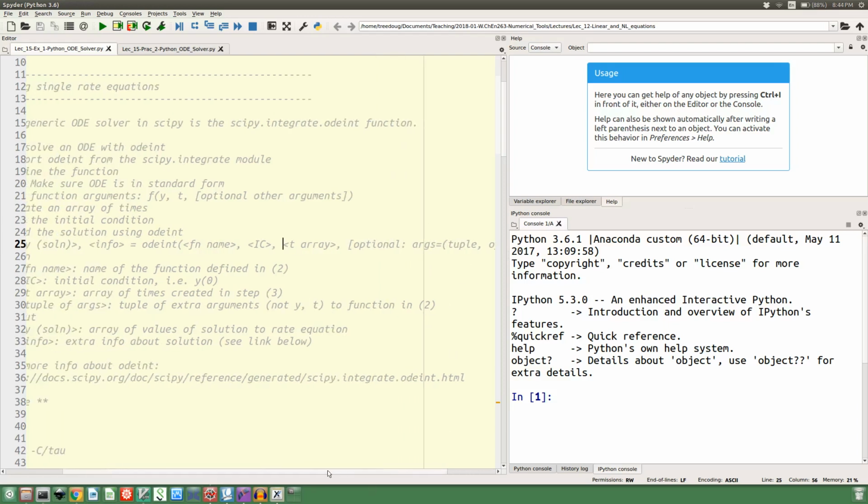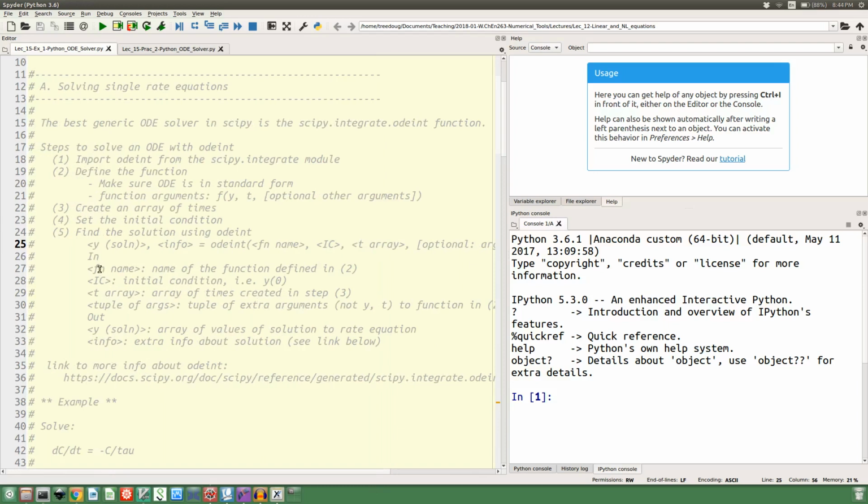And then ODEint returns the solution and also returns extra information if you want it.